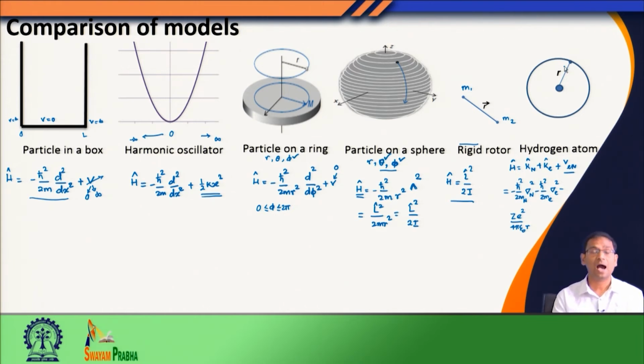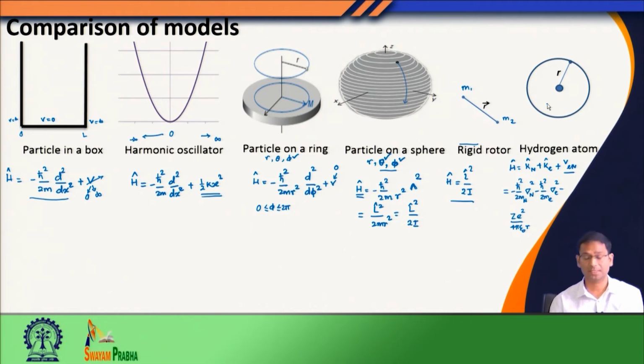So, we see how we increase the complexity of the problem, starting from particle in a box to the hydrogen atom problem. Particle in a box and harmonic oscillator were defined as one-dimensional problems. Particle in a ring, sphere and rigid rotor, we saw angular motion in that. In case of the hydrogen atom, how is it different from the rigid rotor?